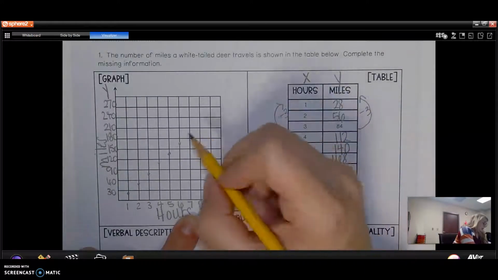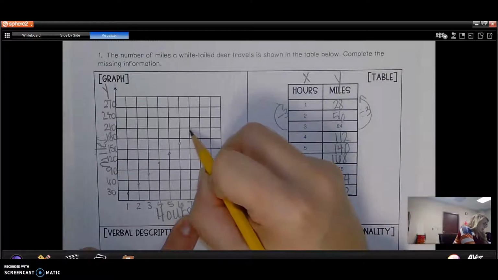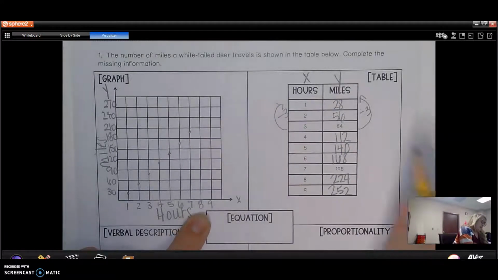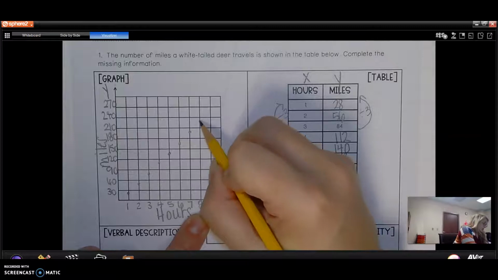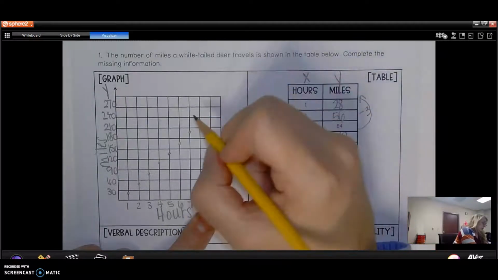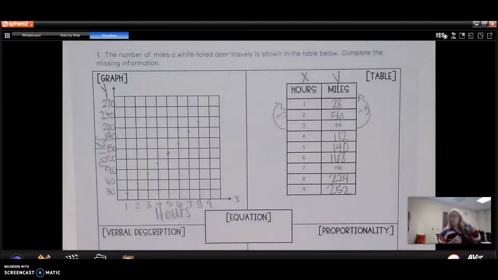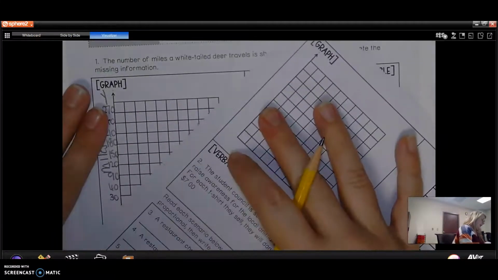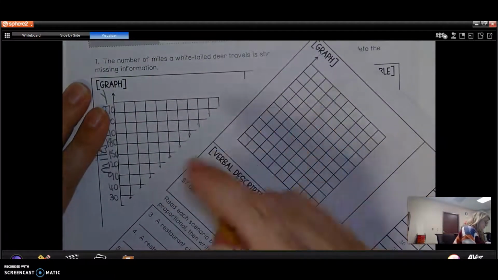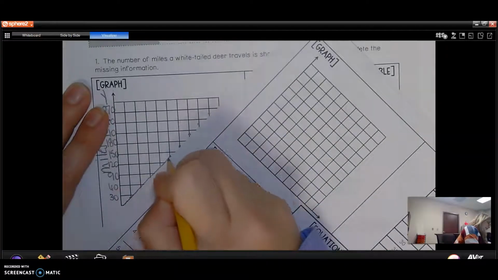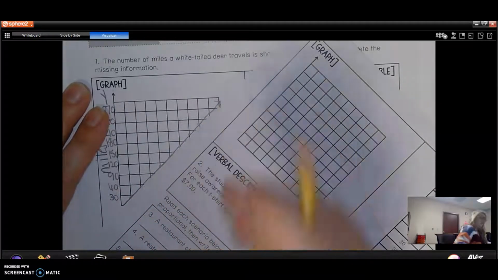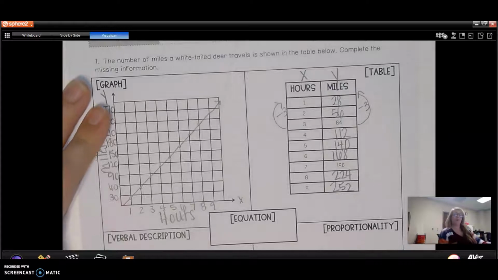In 7 hours, 196. In 8 hours, 224. And in 9 hours, 252. If I were to use a ruler or the straight edge of my paper, I could draw a line, and it would be a straight line through my graph, okay?